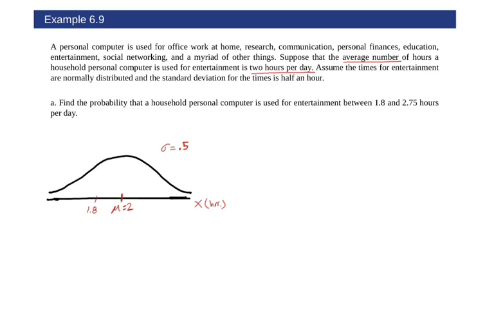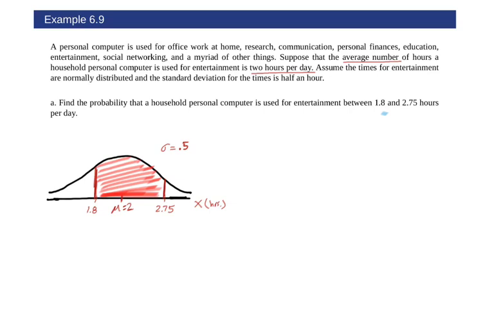And then what we're looking is we want to find a probability between 1.8 and 2.75 in this case. So I'm going to mark those, and so 1.8 is somewhere to the left of the mean. 2.75 is somewhere to the right, just a rough estimate there. And I'm looking for that area right in between here.